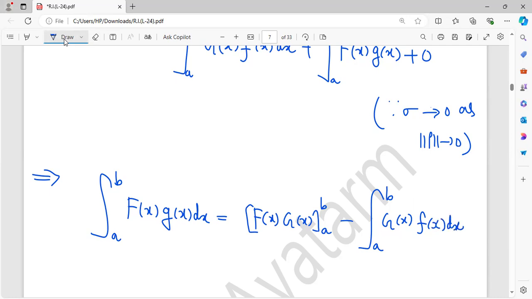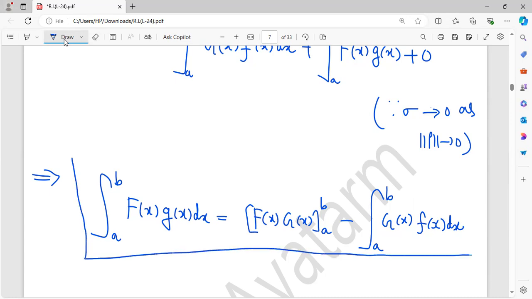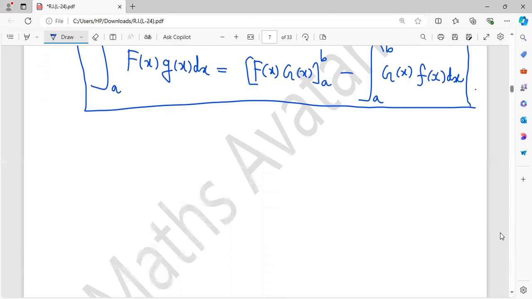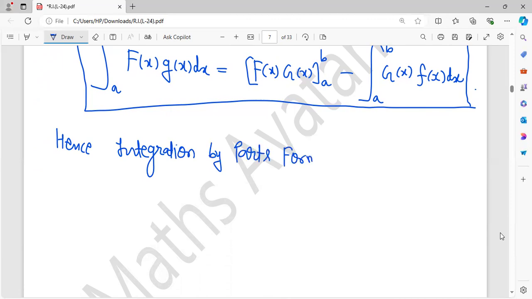Okay, so this is proved now. This formula is proved. So this is the integration by parts formula, and the integration by parts formula is proved.